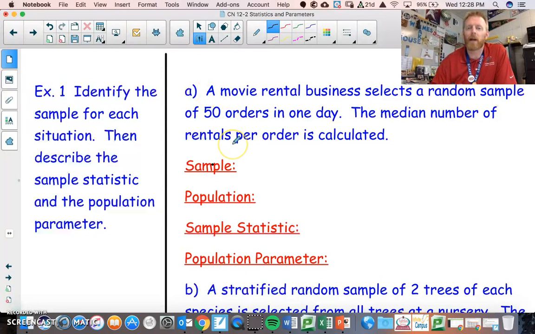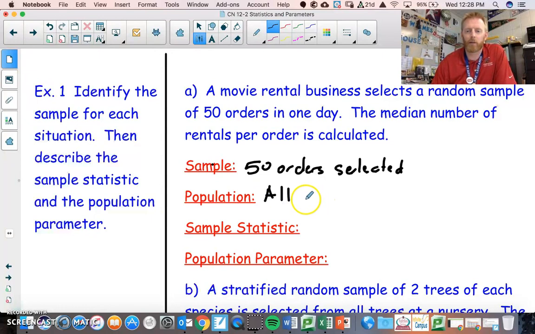Here's our situation. A movie rental business selects a random sample of 50 orders in one day. So our sample is the 50 orders that are selected. And then the population would be all of the potential movies, all of the orders, or all rentals.